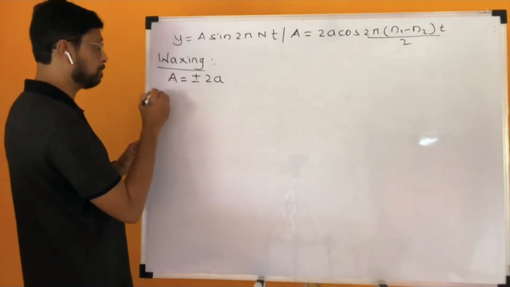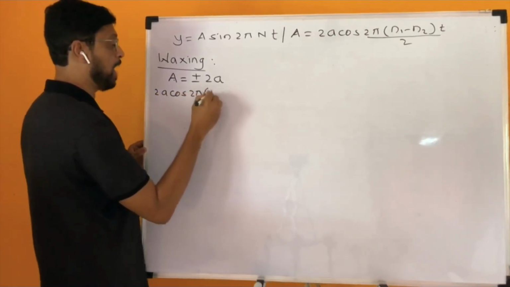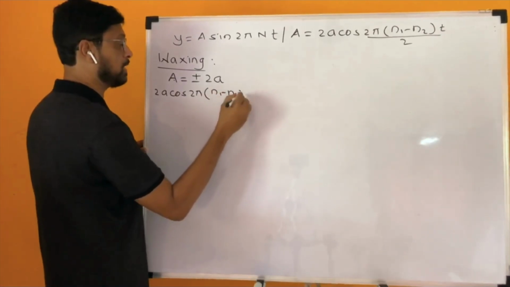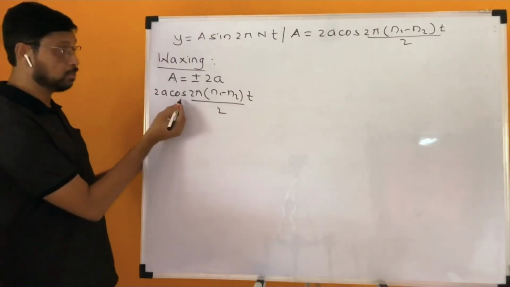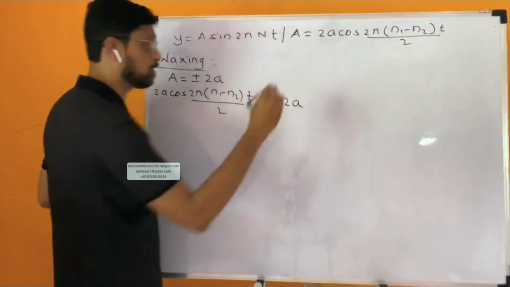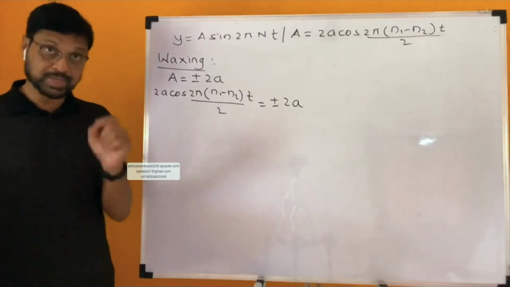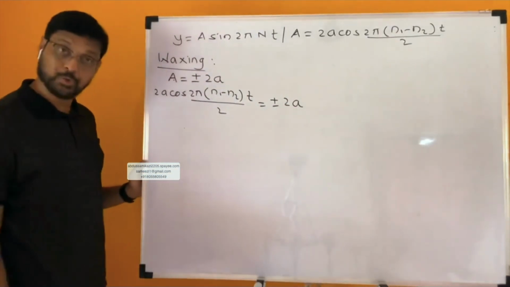A means 2a cos 2 pi (n1 minus n2) t by 2. So this A is equal to plus or minus 2a.